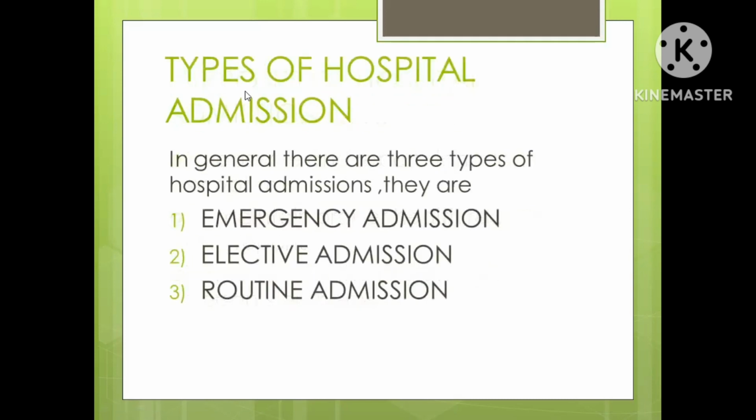Next, we can see about the types of hospital admission. So what are the main types of hospital admission? Generally, there are three types: emergency admission, elective admission, and routine admission. So first one is emergency admission.